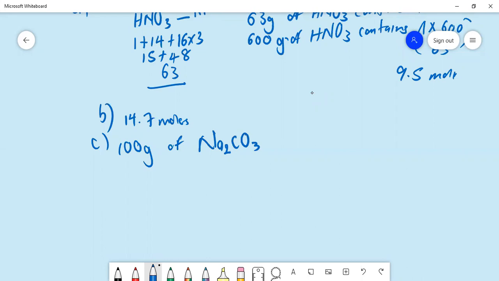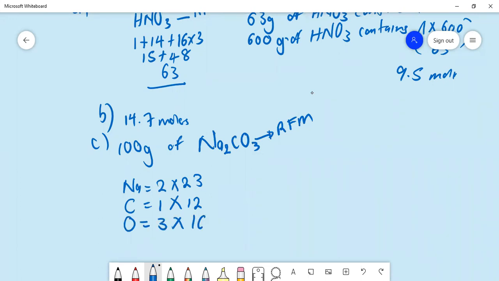So from there, the mass, it is a compound, remember? So it follows relative formula mass. Sodium, we have 2 of them, so times 23. Carbon, we have only 1, times 12. Oxygen, we have 3 of them, so 3 times 16.